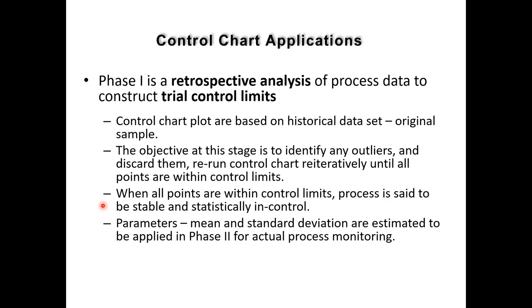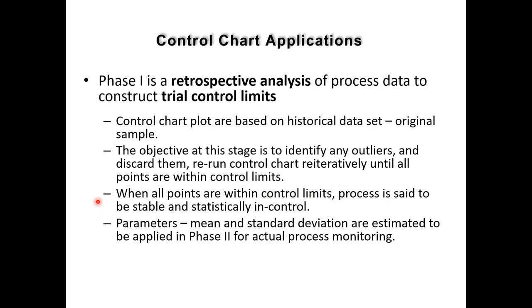This is what we normally say: when all points are within the control limit, the points are believed to be in control. When the process is in control, it is a stable process. So the word here is statistically in control. Therefore, it is a stable process, and that only happens when all points are within the control limit.